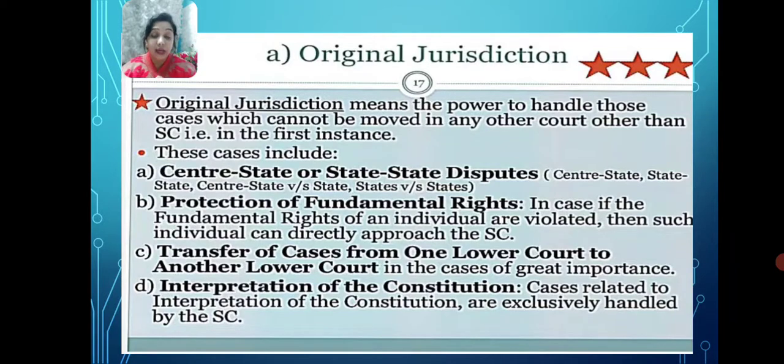That is what you call writs for the enforcement of these rights. Any individual can approach the Supreme Court in case of violation of a fundamental right. Now third is transfer of cases from one lower court to another lower court. How does this work?